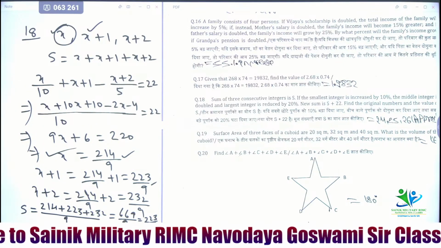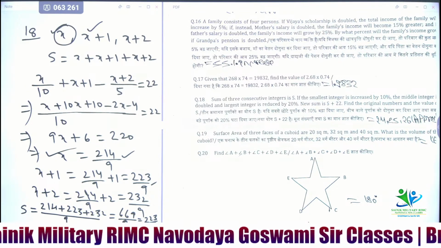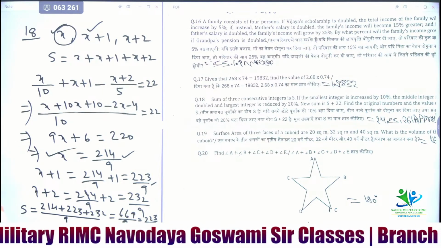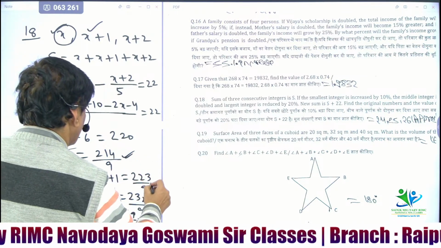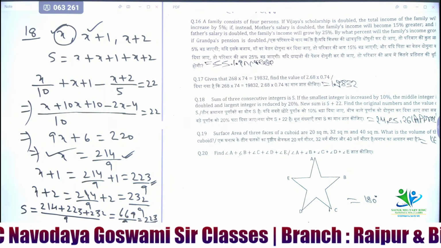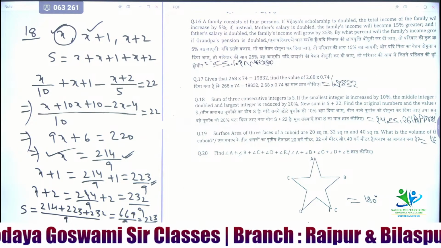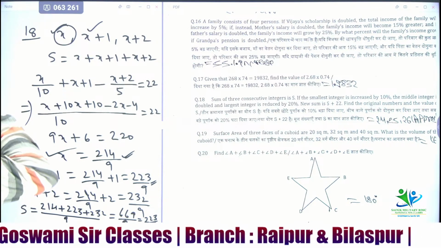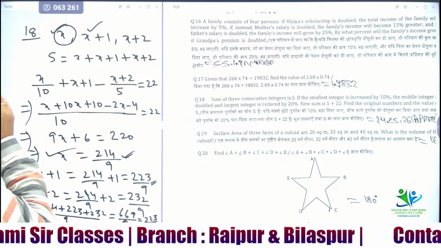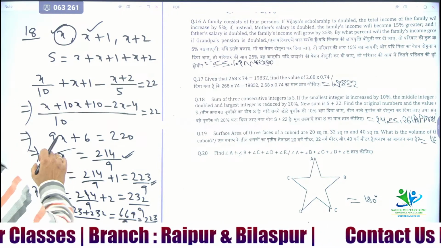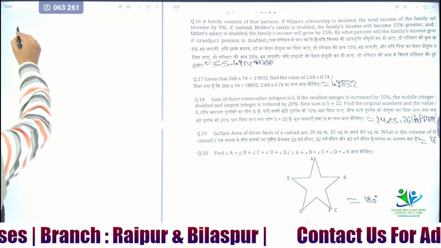So the value of S is this one, and the numbers are these three. These are not integers, these are numbers. You can say this one is a rational number. Now see question number 19.